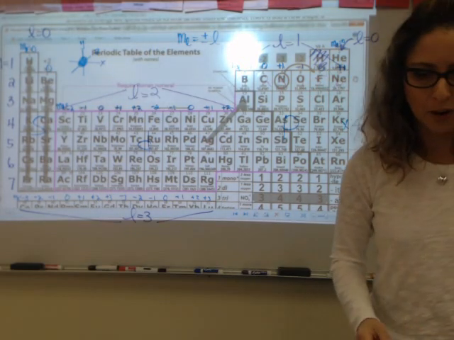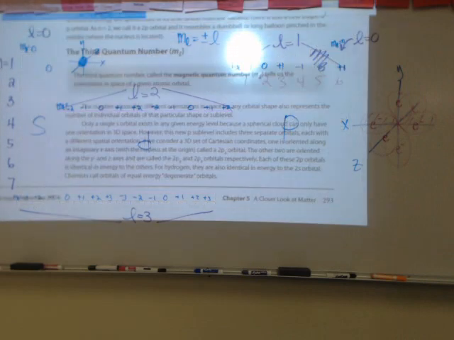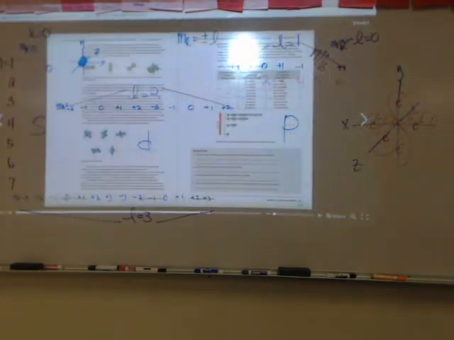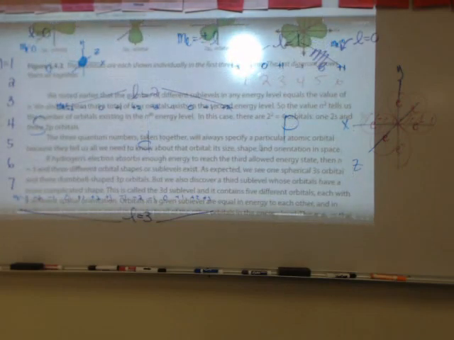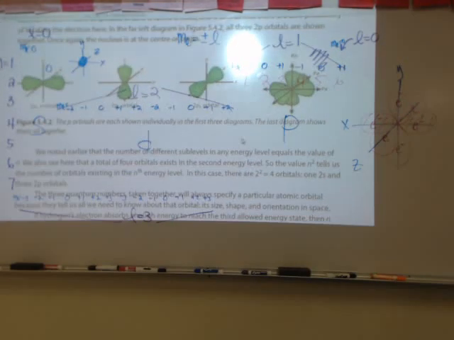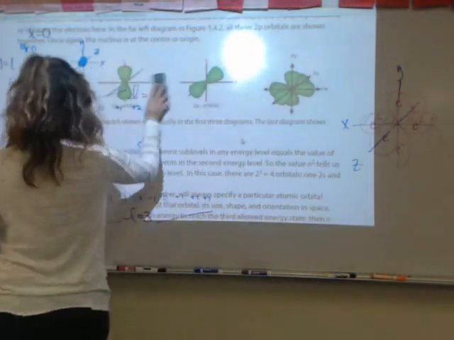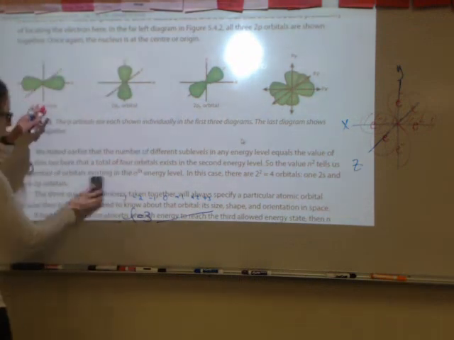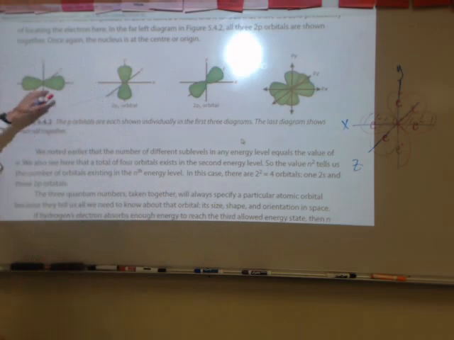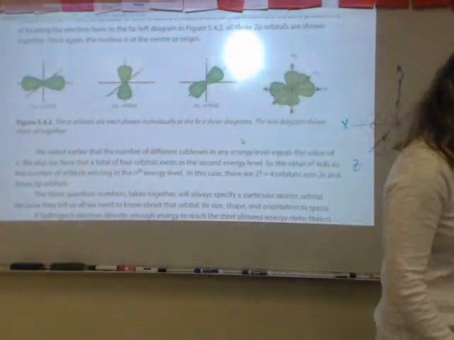Okay? Now, if I'm looking at the next page here, here are your p orbitals, which I just drew on the board, okay? And they're showing you 2px. This is just describing the electrons that are on the x-axis. And here are the ones on the y, here are the ones on the z, and here they are all together.